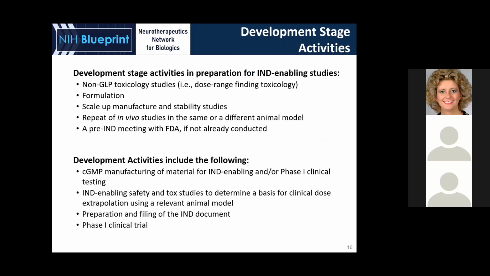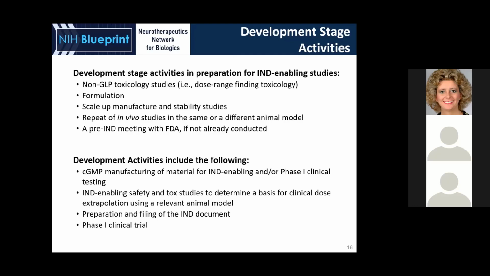So, for example, a list of the development stage activities are shown here, in which they can include development stage IND preparation activities such as non-GLP toxicology studies, formulation, scale-up manufacturing and stability, the repeat of an in vivo study in either the same or different animal model, and as well as it's encouraged that there be held a pre-IND meeting with the FDA if it has not already been conducted.